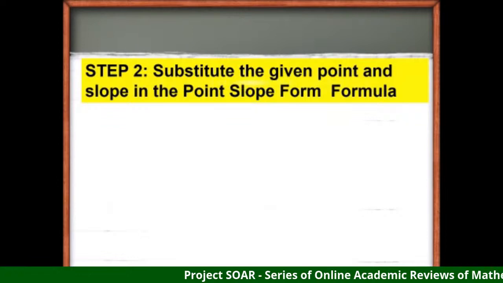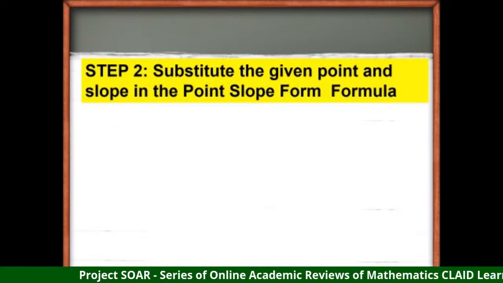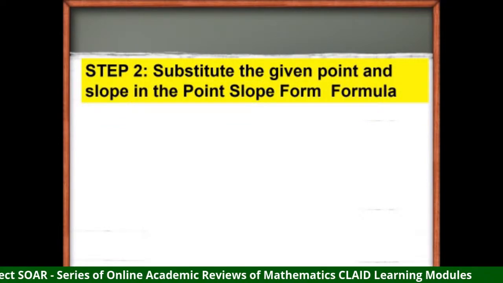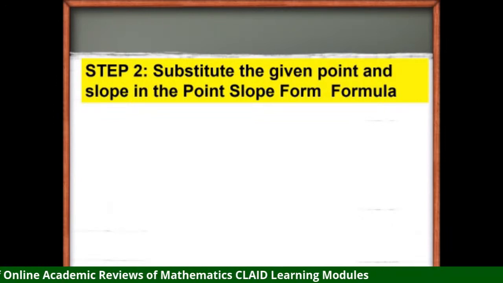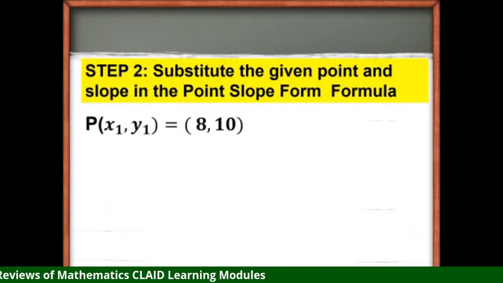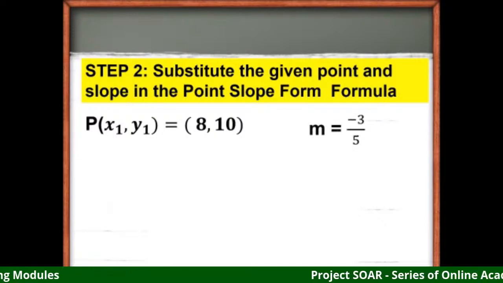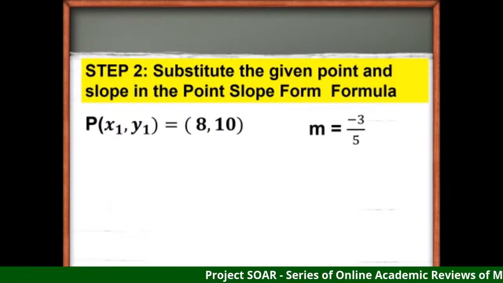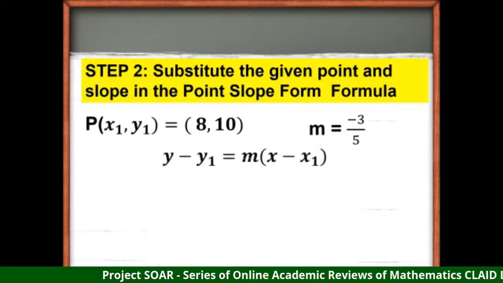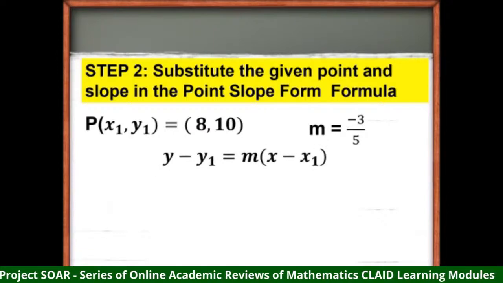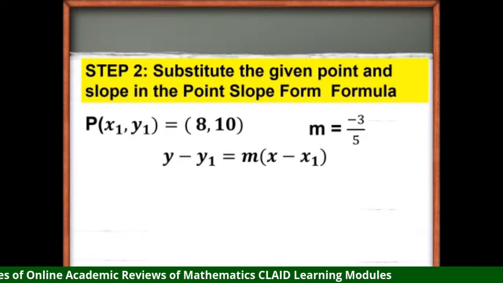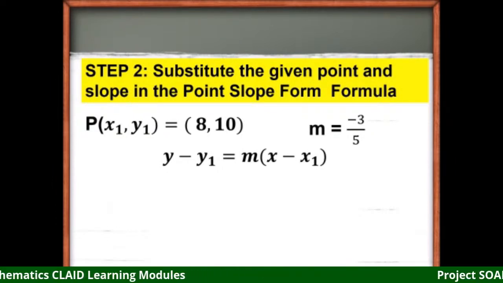Step number 2. Substitute the given point and slope in the point-slope form formula. Our given point is (8, 10), while the given slope is negative 3 over 5. The point-slope form formula is y minus y sub 1 equals m quantity x minus x sub 1.